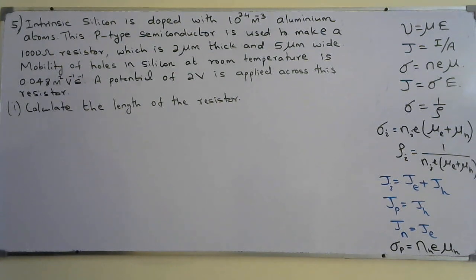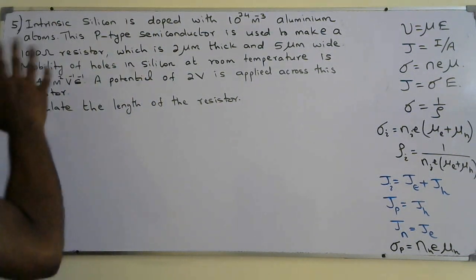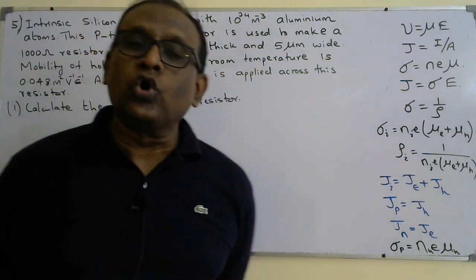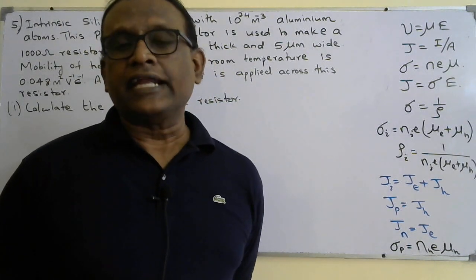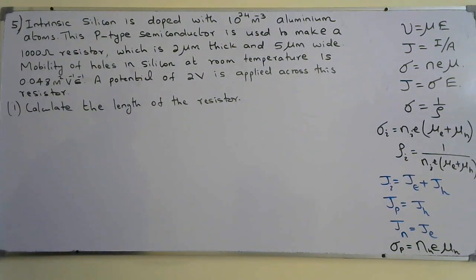Okay, so this is also related to extrinsic semiconductors. Here they are saying intrinsic silicon is doped with 10 to the power 24 per meter cube aluminium, which means it's going to be a p-type semiconductor with number of holes per unit volume 10 to the power 24. The hole concentration will be 10 to the power 24.